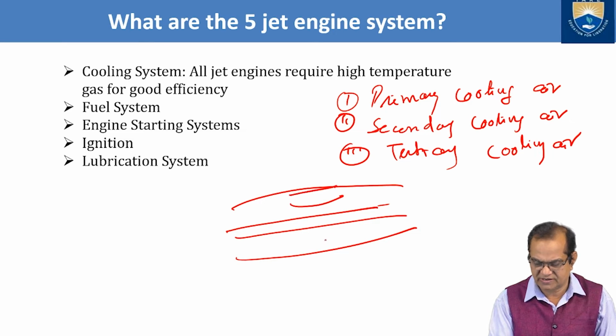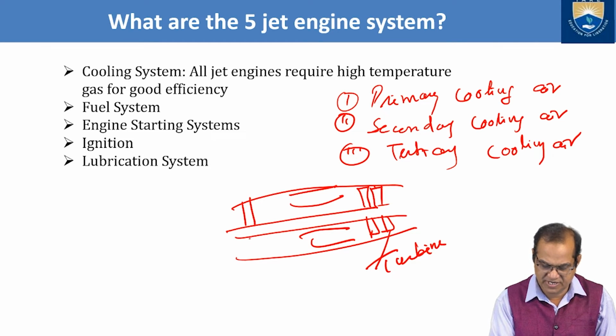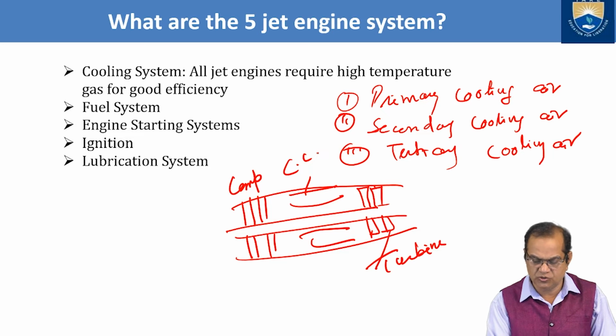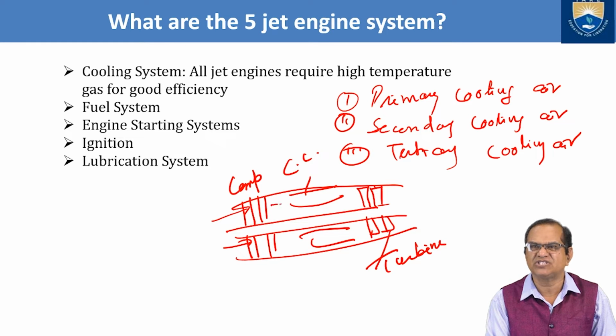Here is the combustion chamber, and here are the turbines, and here is the compressor. Air is entering from here and goes to the combustion chamber. All the air will not go, and here we have some holes.